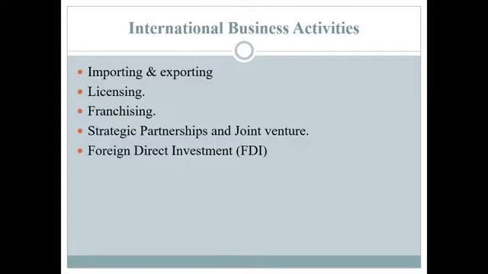The licensor allows another firm, in the sense a firm from another country, to use their brand name, copyright, patent, technology, trademark, such type of intellectual property for a specific period.